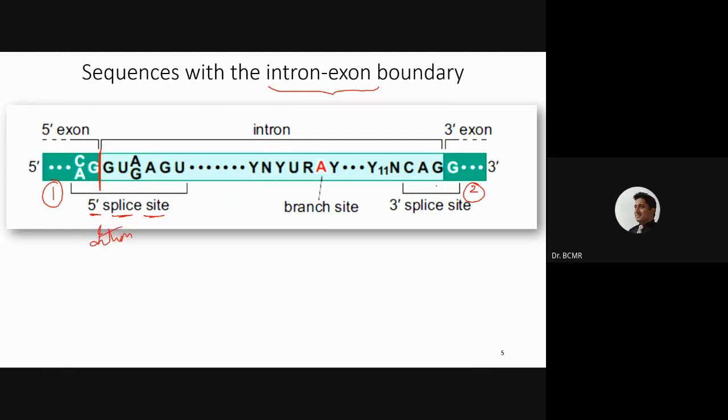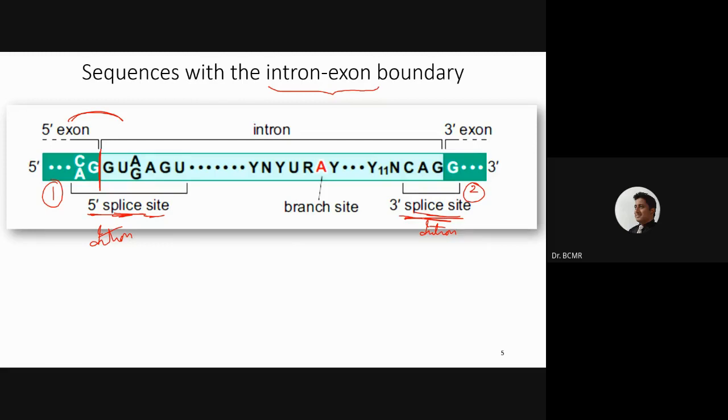And here is the 3' splice site, or you can think of it as the 3' side of the intron. Whichever proteins or components are involved, they should be able to recognize these boundaries, the 5' splice site and also the 3' splice site.